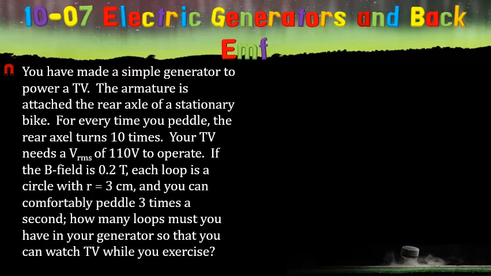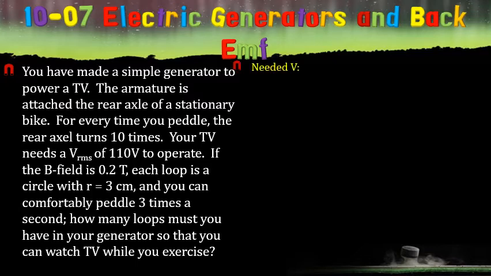The magnetic field is 0.2 tesla. Each loop is a circle with a radius of 3 centimeters, and you can comfortably pedal 3 times a second. How many loops must you have in your generator so you can watch TV while you exercise? You know, if you slow down, then the TV turns off. So it sounds like great motivation to keep going.